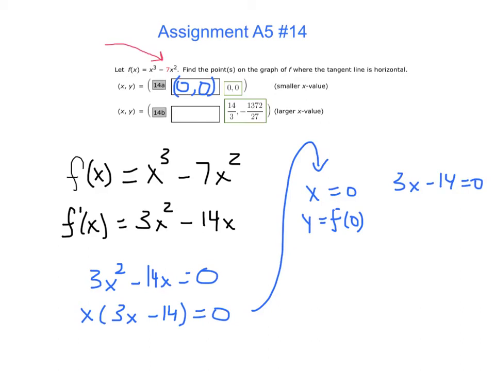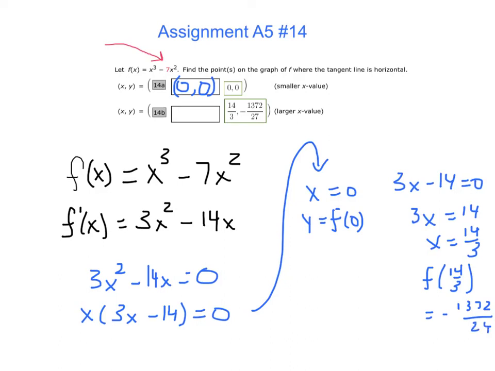To solve this other half, we're going to add 14 and divide by 3, and we get x equals 14 thirds. And again, to find the y value, we substitute 14 thirds into f. And a little handy dandy calculator will tell you that that's going to be negative 1372 over 27.